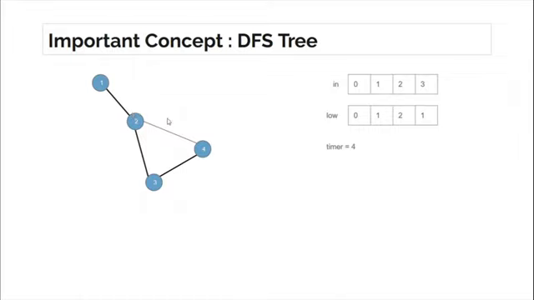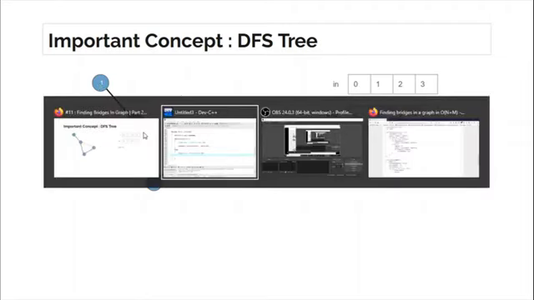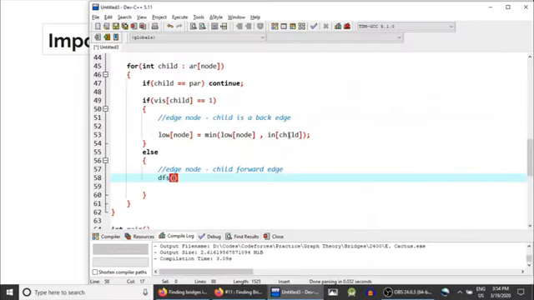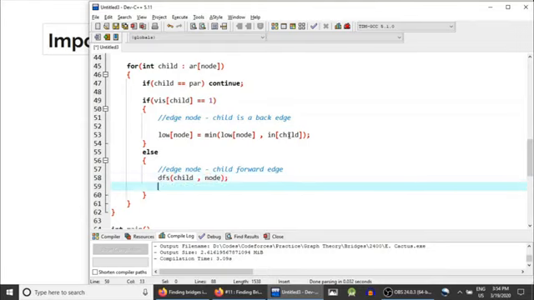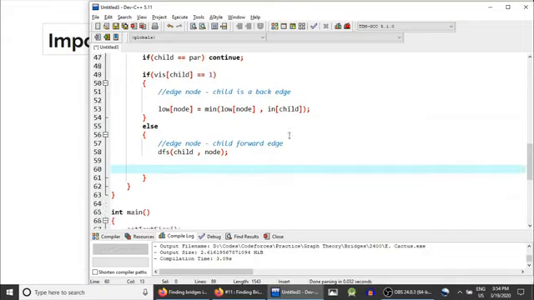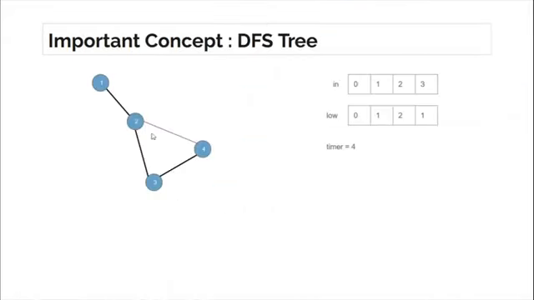If this is a forward edge, we make a DFS call to the child node, and for the child node its parent is the current node. After the DFS call of the current node is completed, it would track back.